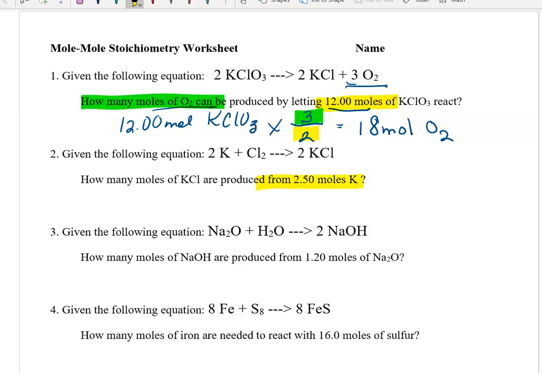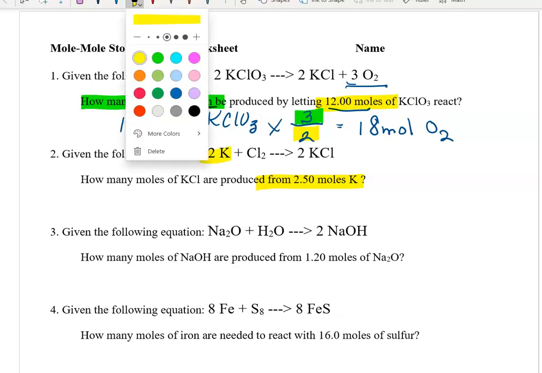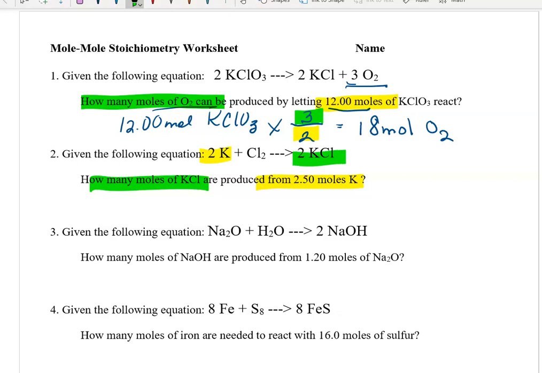My known amount is 2.5 moles of potassium. My unknown amount is potassium chloride. So we'll start with what we know, 2.50 moles of potassium, and I'm going to multiply that by my ratio of unknown over known.